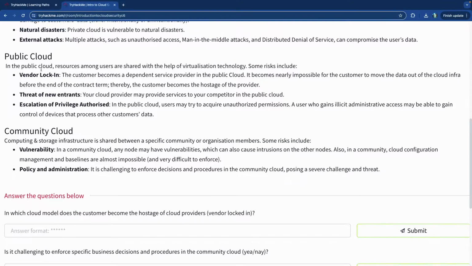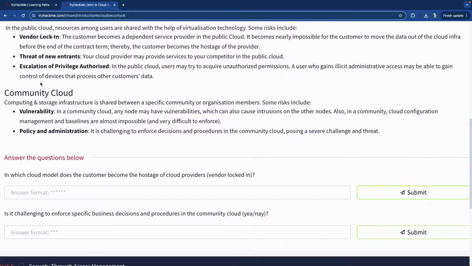And public cloud we already discussed, and private cloud we already discussed. But a community cloud is kind of like a hybrid cloud, but not really. It's like shared between a community. And if you have a membership on the Hive project, for example, we discussed that several videos ago.